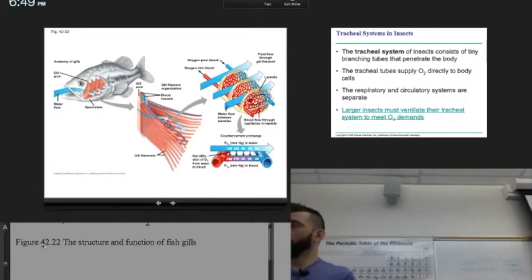So the oxygen-richest water is still going to exchange oxygen with the oxygen-richest blood. If you had oxygen-poor water, it wouldn't be able to diffuse oxygen onto the oxygen-rich blood. Did I misspeak? Why not? Is it too dilute?